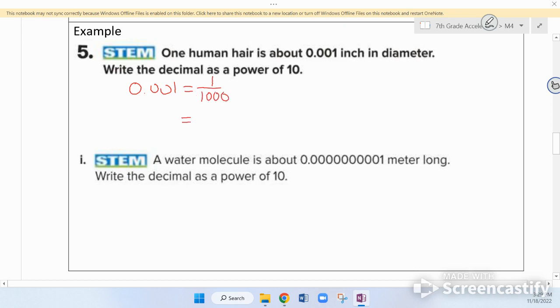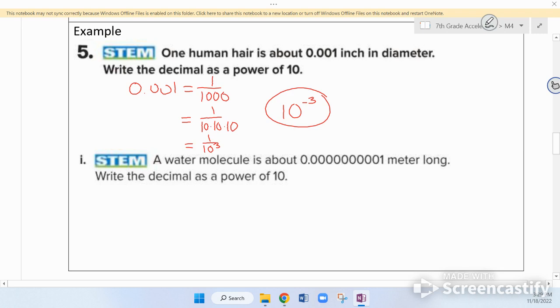And we know that that is 1 over 10 times 10 times 10. So that would be 1 over 10 to the third, which then we know is divided by 10 3 times. So that's going to be 10 to the negative 3. All right, so one human hair is about 10 to the negative 3 inches in diameter.